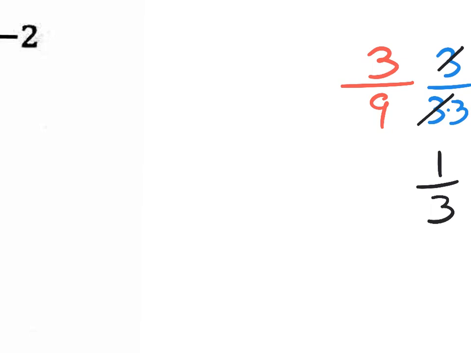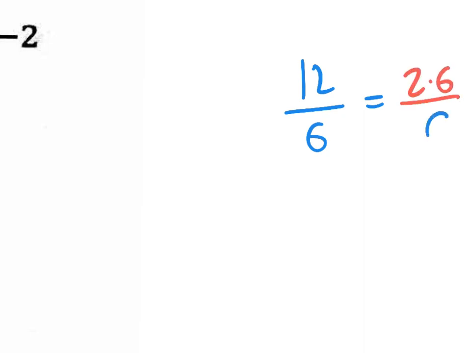But if you compare that to, like, let's say 12 over 6, okay? Now we already know 12 divided by 6 is what? 2, right? But you could rewrite the 12 as 2 times 6, and you have it over the 6 that's down here.